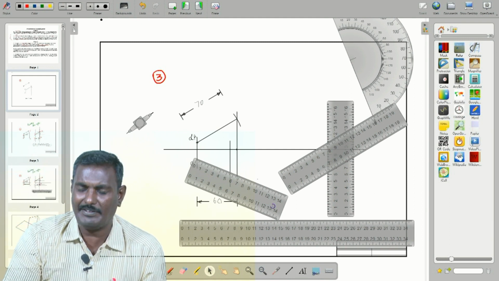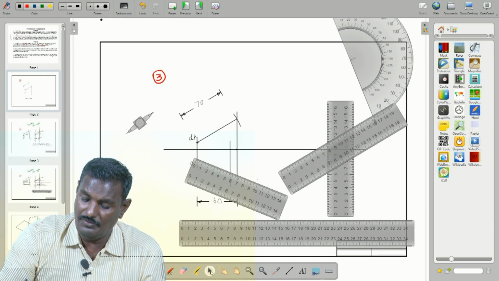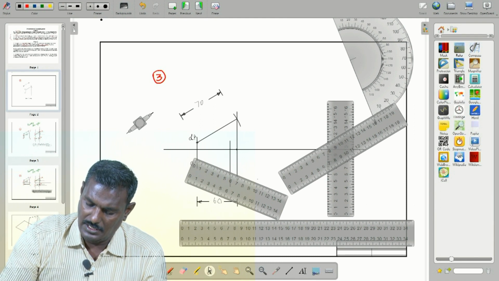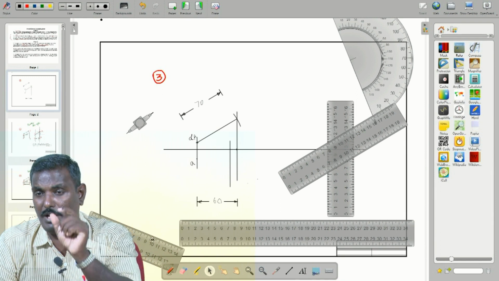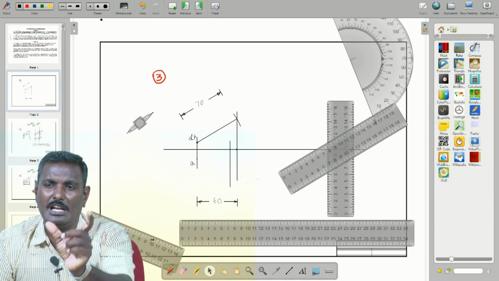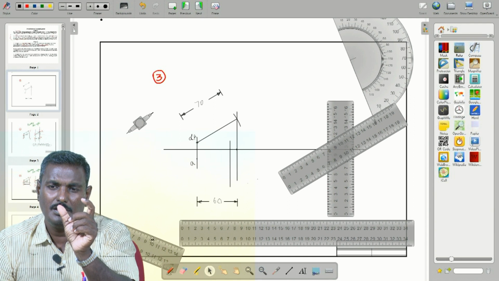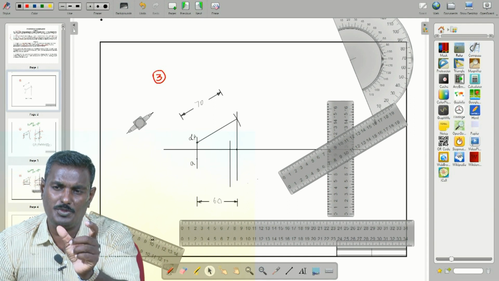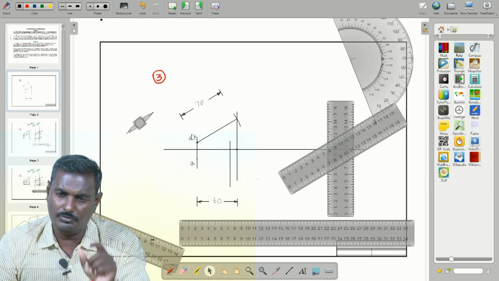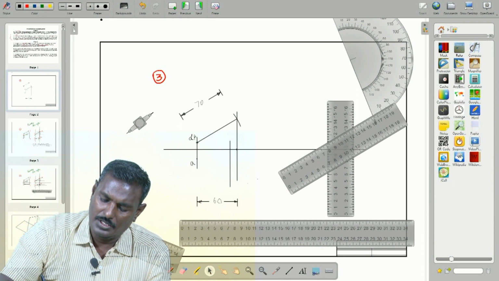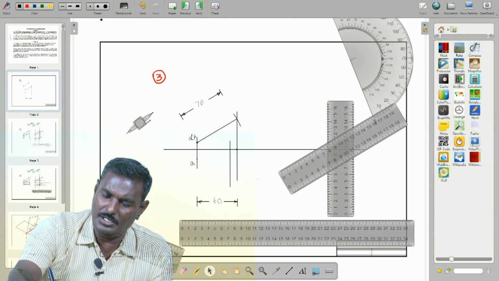How much is that? 70 mm. Only that 70 mm we have to choose, we are not going for 50 mm, because 50 mm is what you see while looking in elevation. Whatever true object you place, you see it as a projected one. So the actual length is 70 mm.